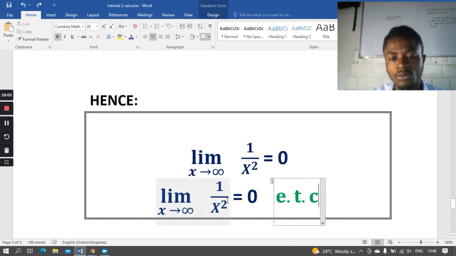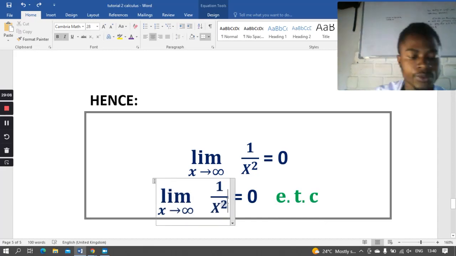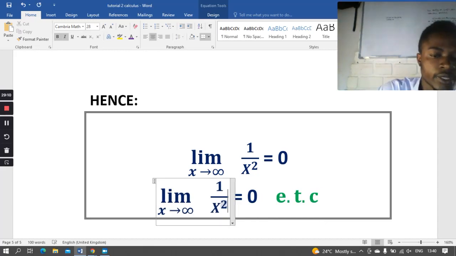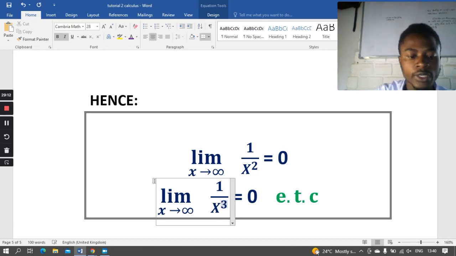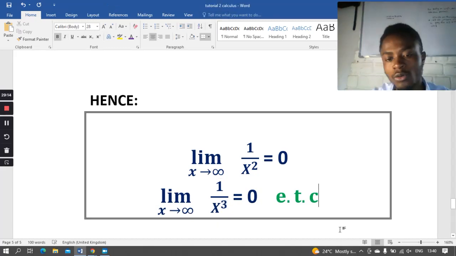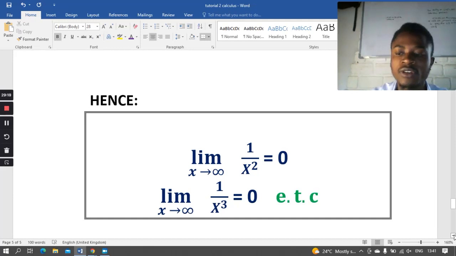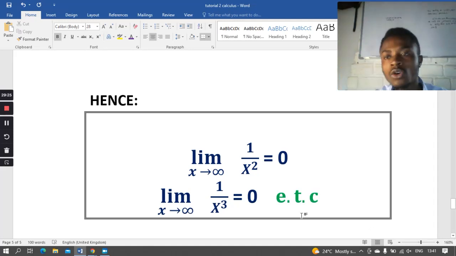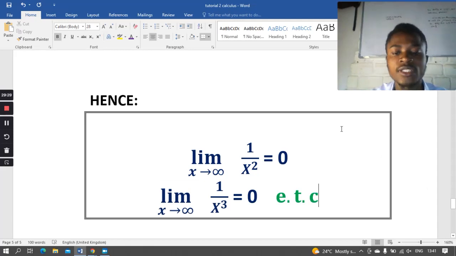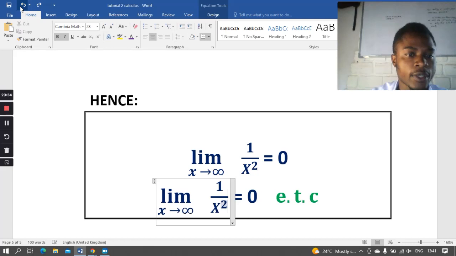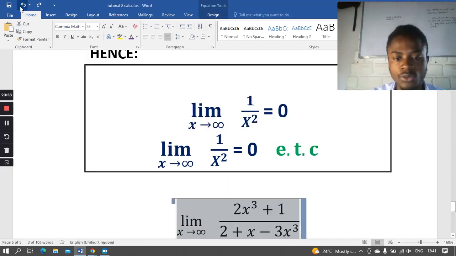So if I give you a limit of 1 over x cubed, 1 over x to the power 4, 1 over x to the power 1 billion, so long as you're approaching infinity, they are always equal to 0. Okay, let me quickly go to our example.